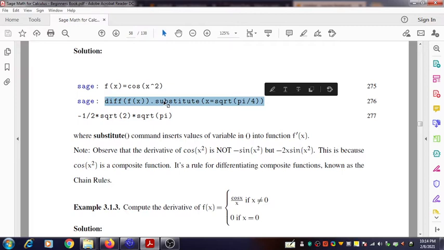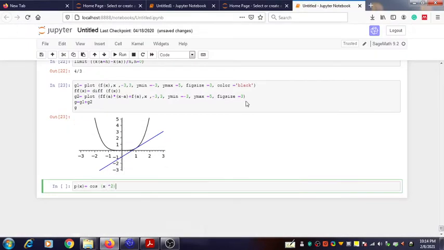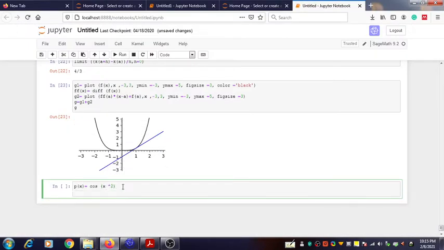The corresponding change must be there in the steps that we are going to use as the continuation of the first step. So when we copy it and paste it in the input cell, you have to make that change. Already we have changed that function name from f to p. You have to make that corresponding change in the second line also.